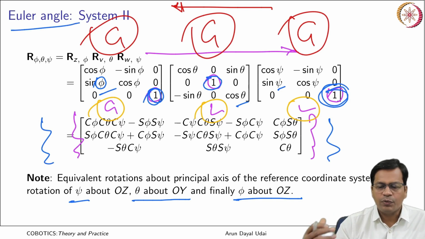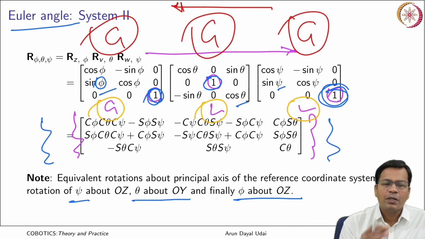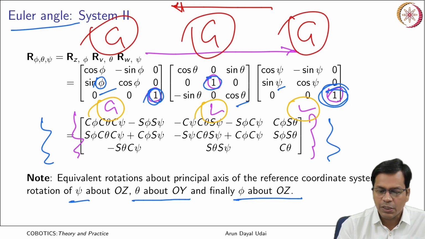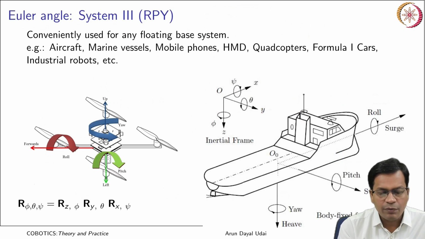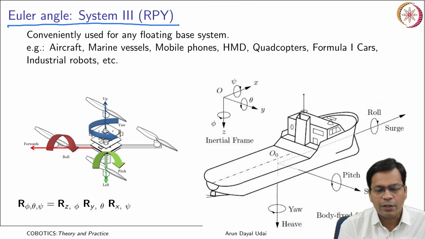There are 24 such combinations combining global, local, local. There are many ways you can arrange it, a total of 24 combinations which are possible. The best one I find, which is also most widely applied, is the roll pitch yaw system, that is Euler angle system 3.